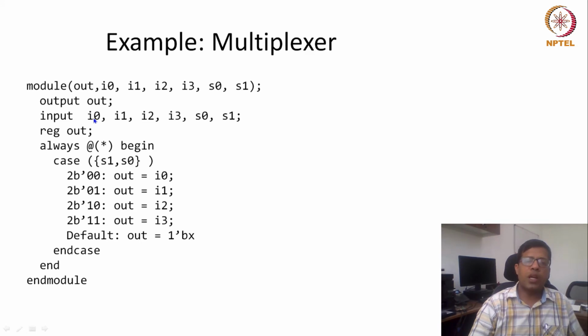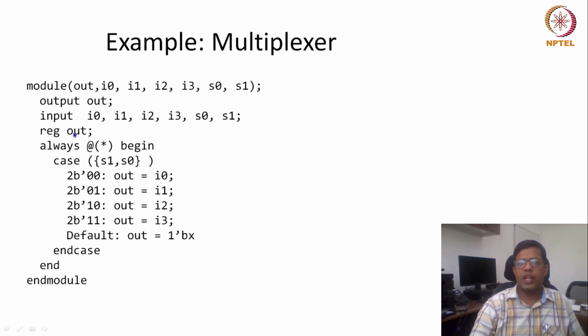Now, because we are planning to use behavior model and we are going to write onto out, we have to specify that this out is actually a register, or reg type. Although we have defined it as output, in addition we specify that out is of type reg. If we don't specify, it would be assumed as a wire, which it is not, because we are going to write it in a procedural statement.